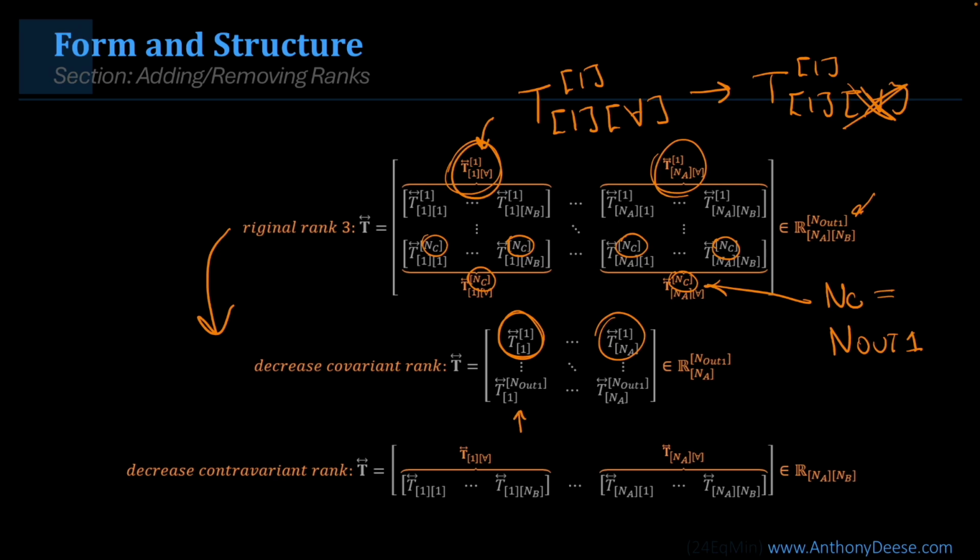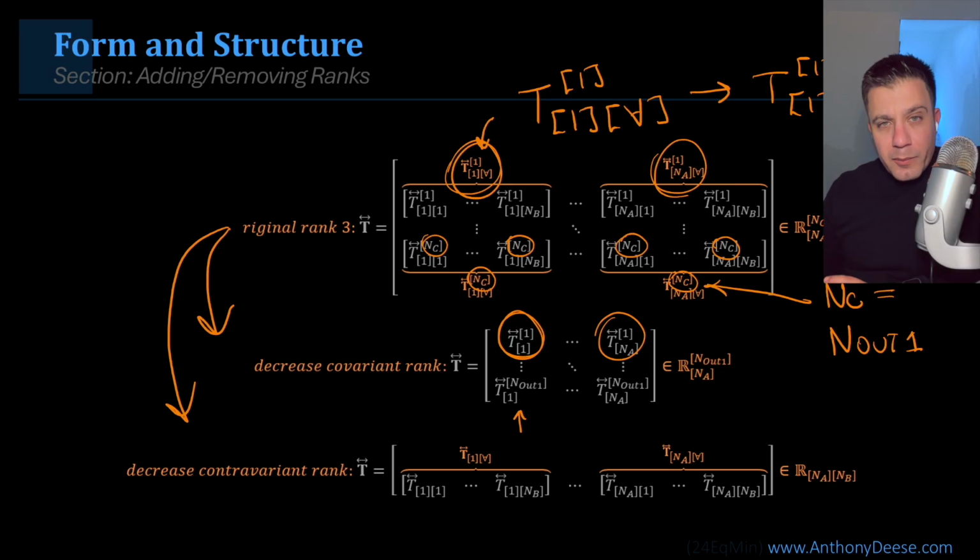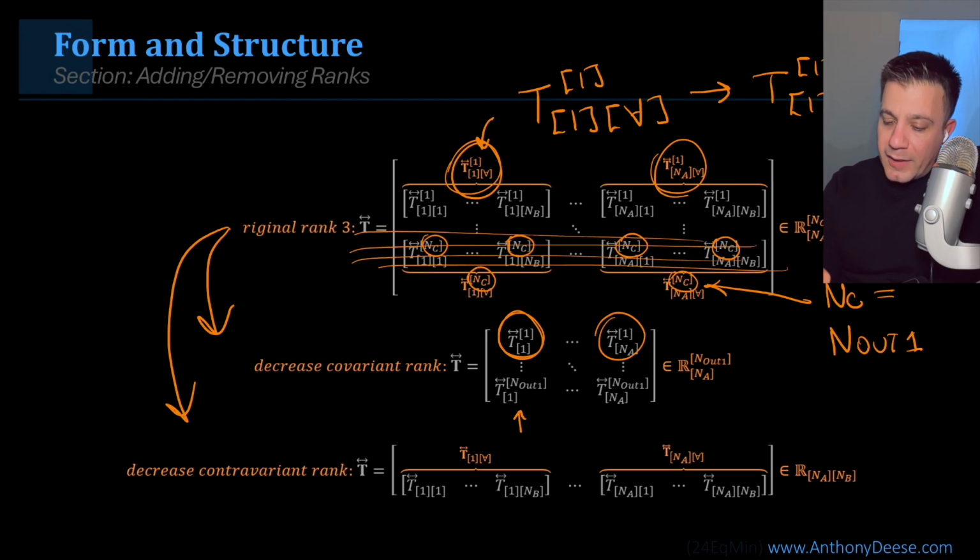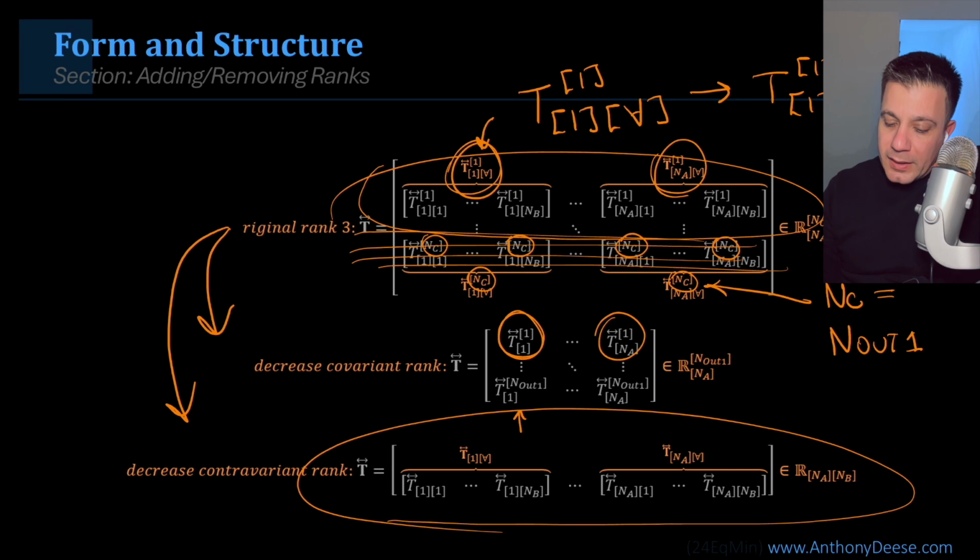Now, what happens when we decrease the contravariant rank? Now we're compressing vertically, and so all the other rows go away, and we're left with essentially just the first row of our original rank 3 tensor. And then now we have a size with 2 subscripts, which makes sense because it's covariant rank 2. So 2 subscripts.